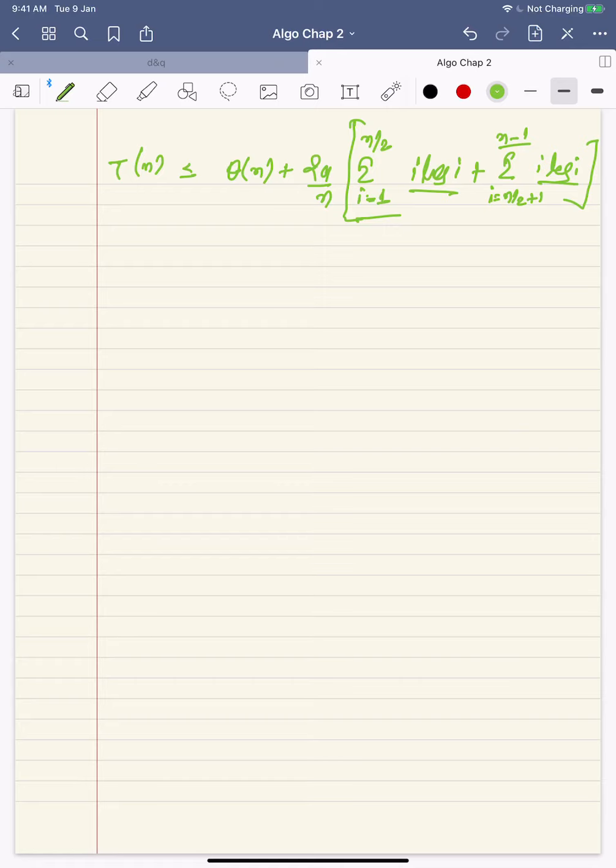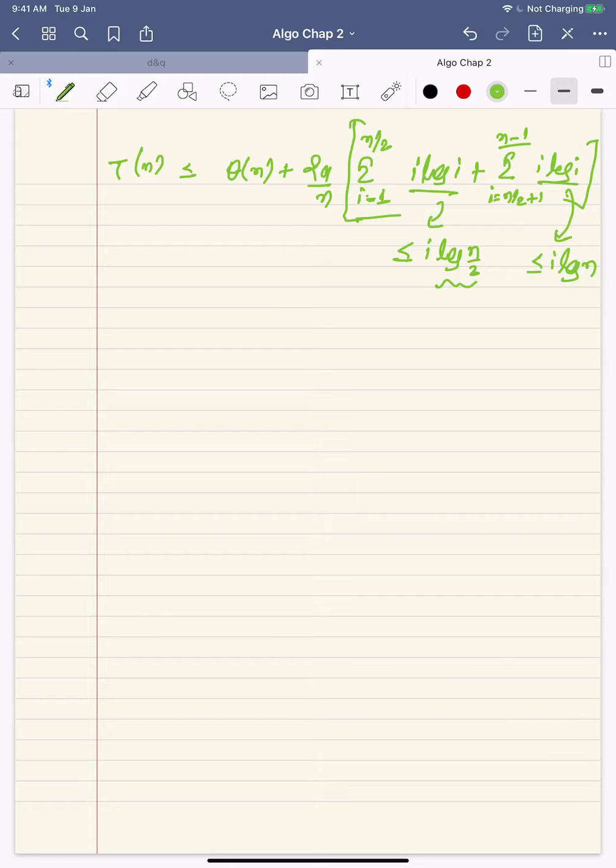In this whole sequence, every term is less than or equal to i log of n by 2, because doing a summation with log quantities like log 1 plus log 2 is complicated. So I am just replacing it by a constant in this whole sequence. Now this will also be less than or equal to i log of n minus 1, but I am just writing n.